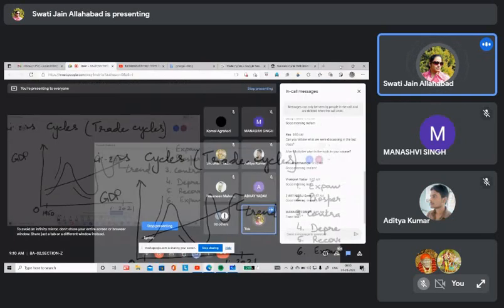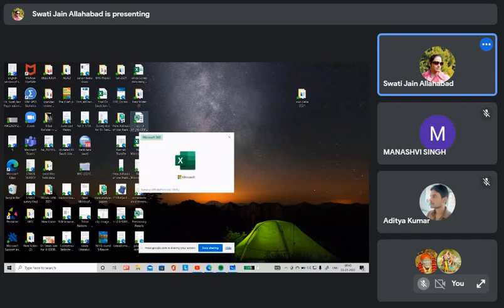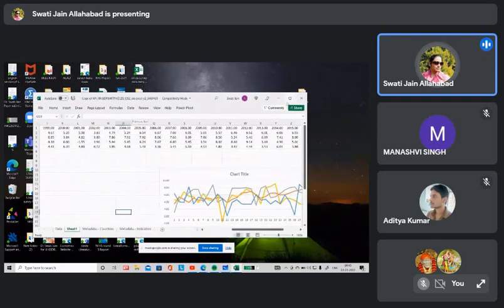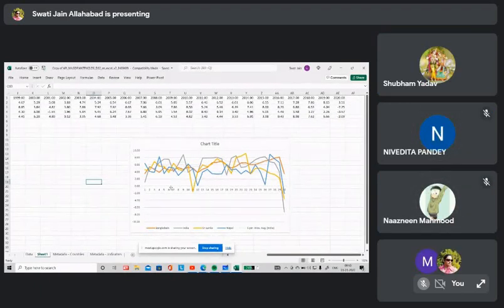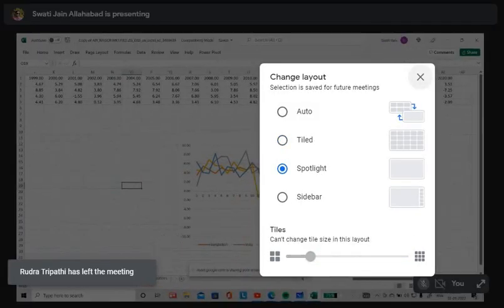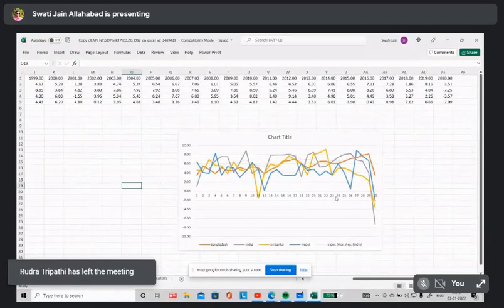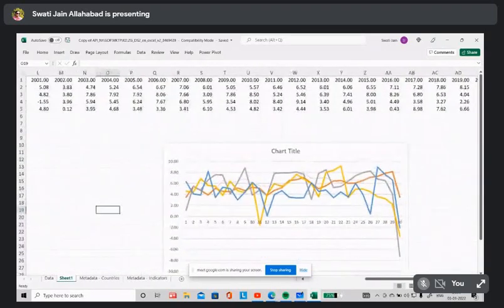Let me try to show you. I hope you are able to see the Excel sheet. Yes, ma'am. Now, whatever you see here, these are the graphs related to the GDP growth rate of certain countries.